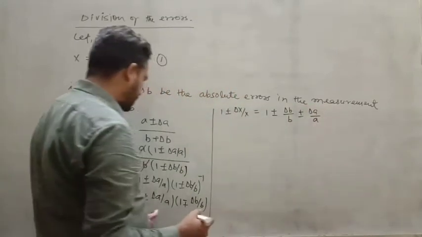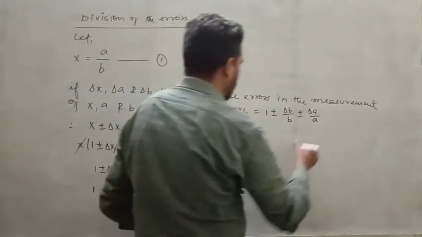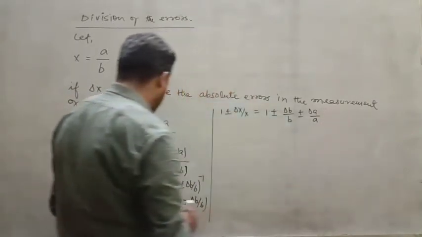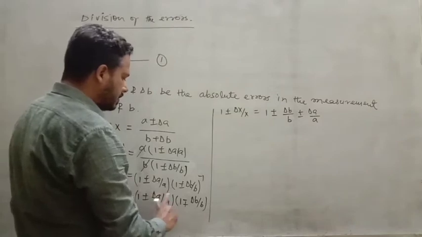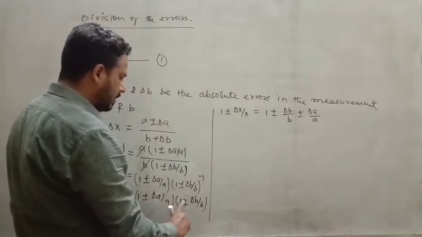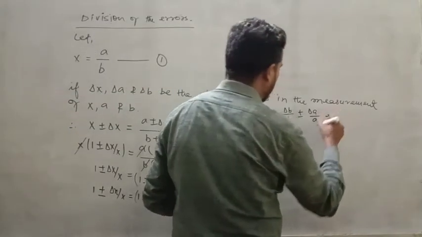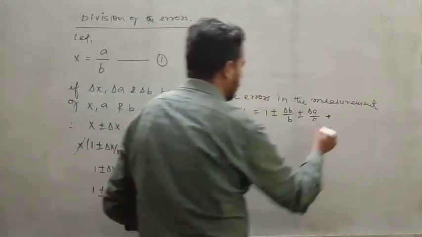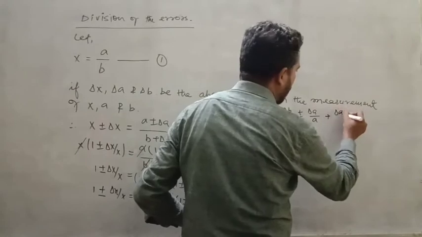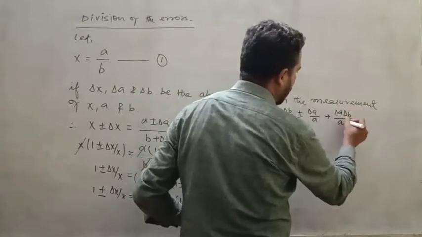Then from here you can see that there is plus minus minus, and minus plus minus, so minus minus is plus, so you can write down plus delta a delta b divided by a b.